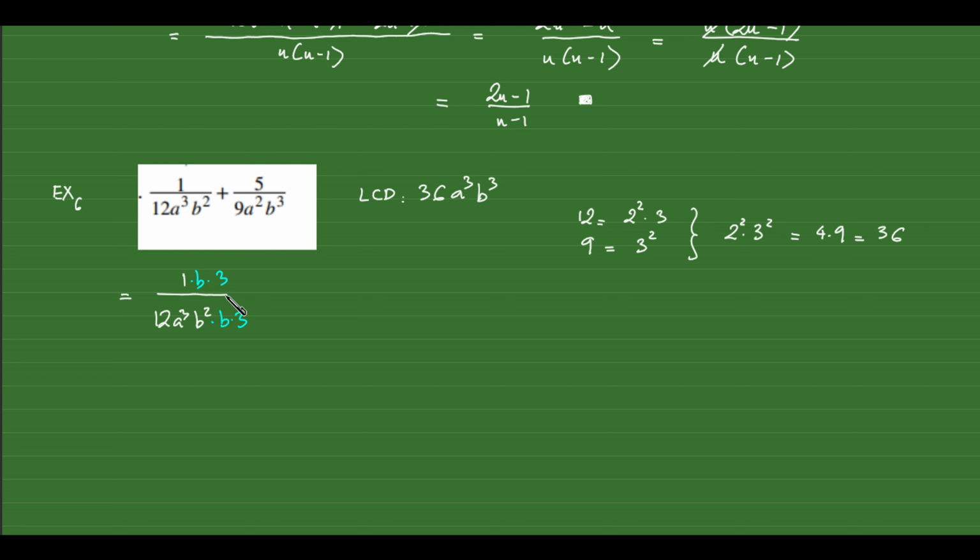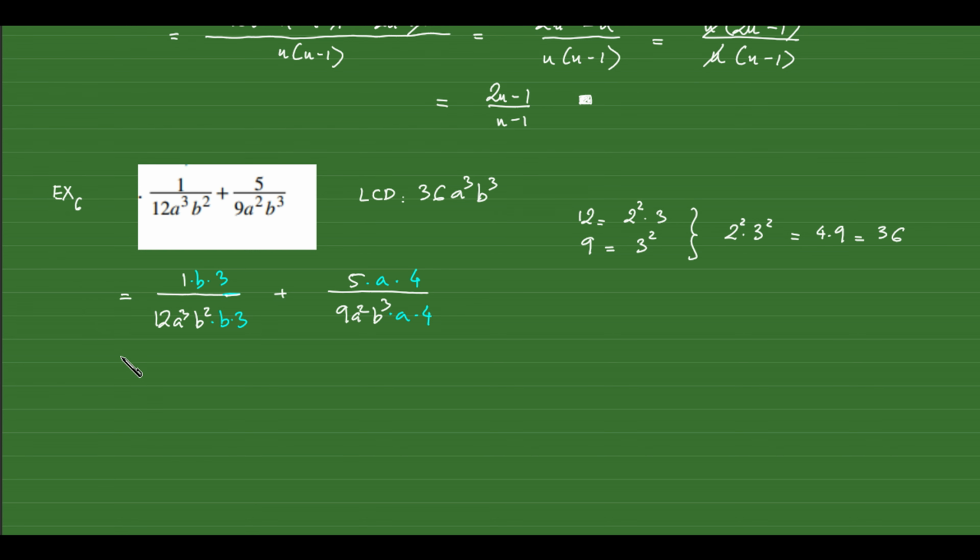For the second fraction, let's see what's missing. They're missing an a, so you multiply top and bottom by a. Then they're missing the number 4, because 9 times 4 is 36.